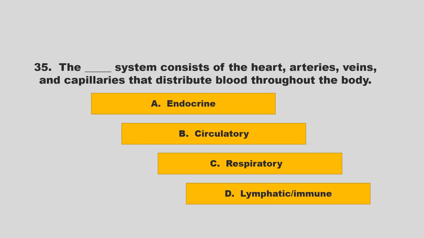The blank system consists of the heart, arteries, veins, and capillaries that distribute blood throughout the body. Endocrine, circulatory, respiratory, lymphatic immune. If you chose B, circulatory, you are correct.